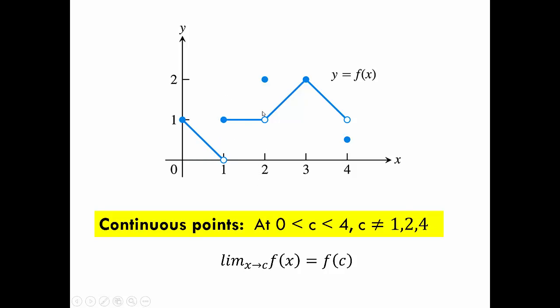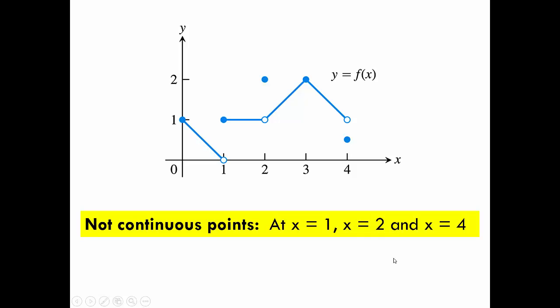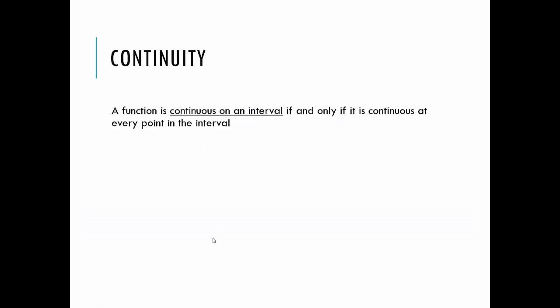If I'm looking at 2, it's not continuous because of a hole. At 3, the limit and the value of the function were the same, so it is continuous. And then at 4, there's a jump, so these would be your not continuous points. A function is continuous on an interval if and only if it is continuous at every point in the interval.